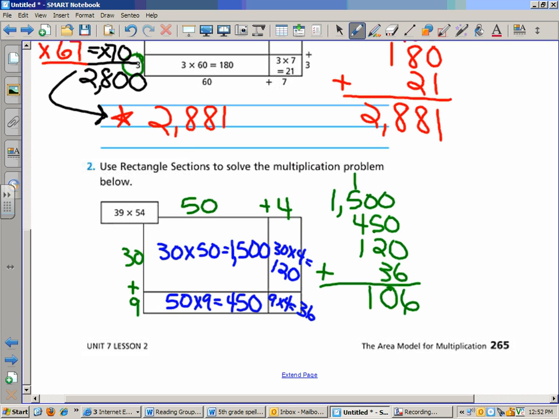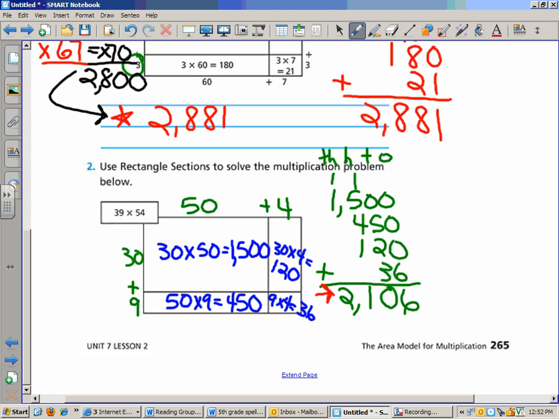So I have 100 and 1,000. 1 and 1 is 2. I don't mean to confuse you guys, but always focusing on that we understand our place value. So we have ones, tens, hundreds, thousands. We have then a final product of 2,106.